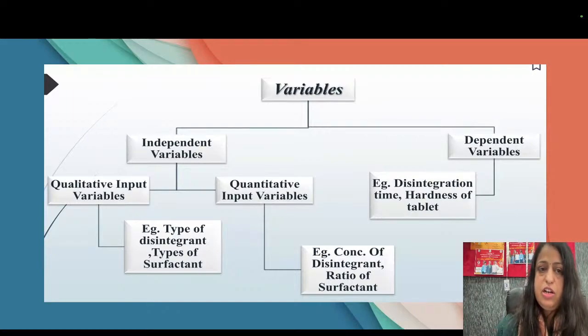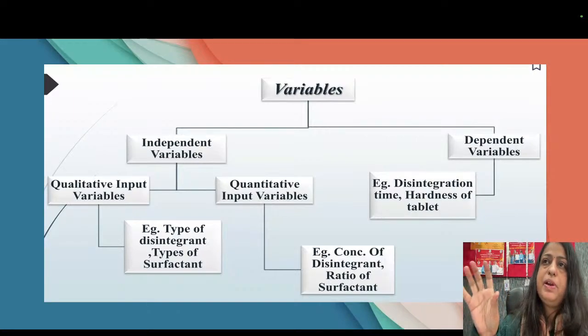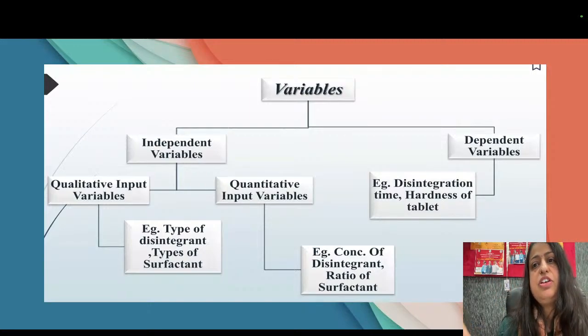We will not do it like this: for independent I select the binding agent, and in response I select its organoleptic property, because they are not directly connected to each other.